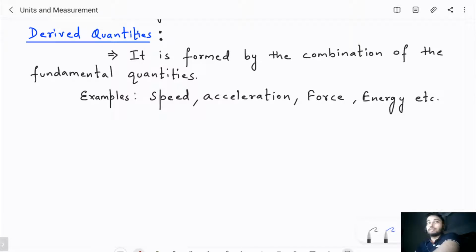Next, let us see dimensional formula for derived quantities. That is another important aspect of this chapter, where we try to write a dimensional formula for several physical quantities.